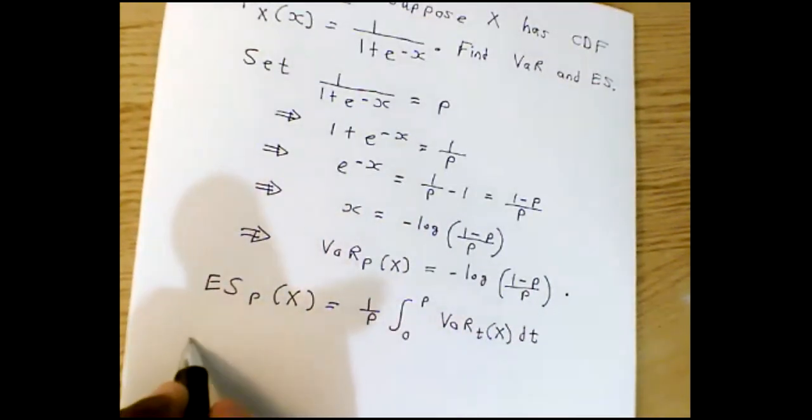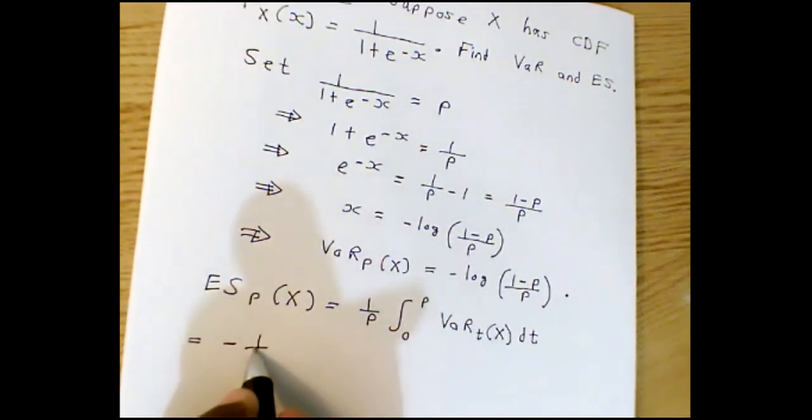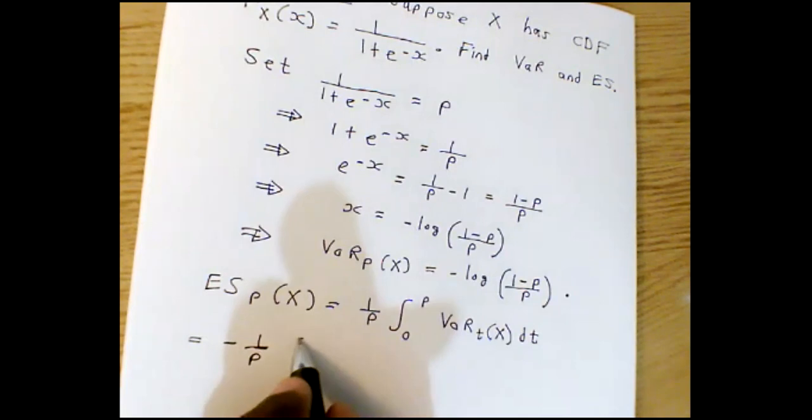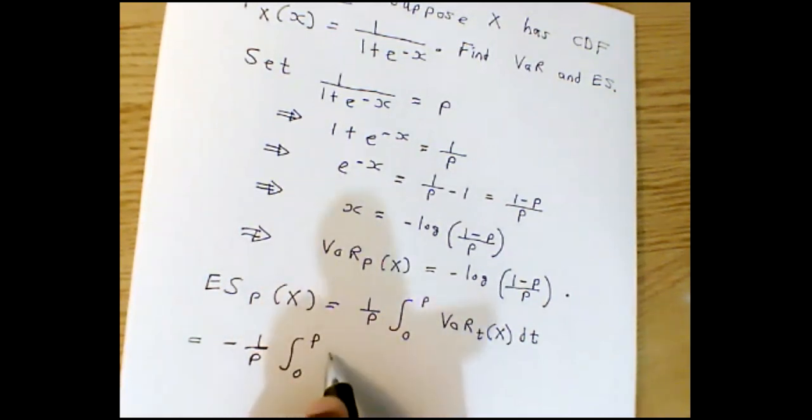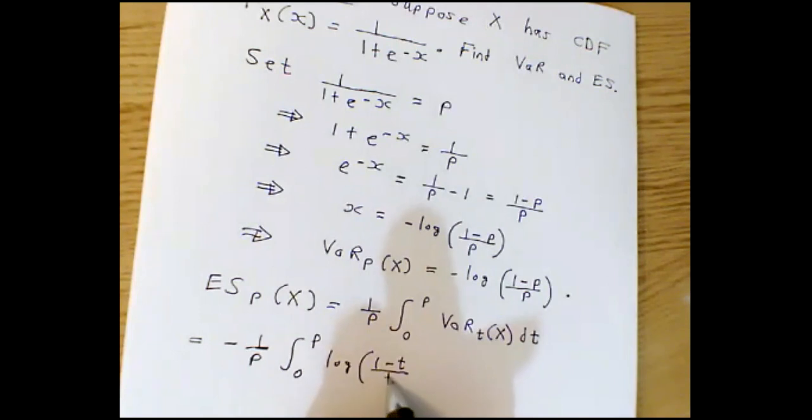So if you do this, you will get minus, you can pull the minus outside. Then you have log of 1 minus t divided by t dt.